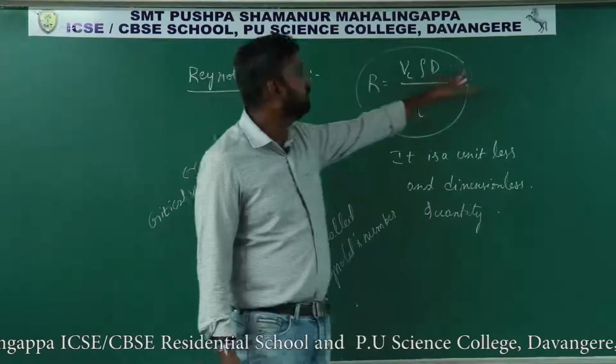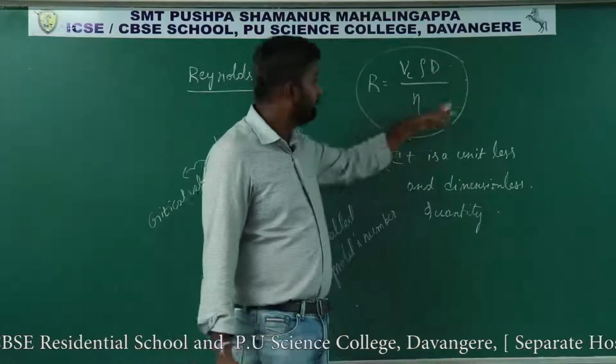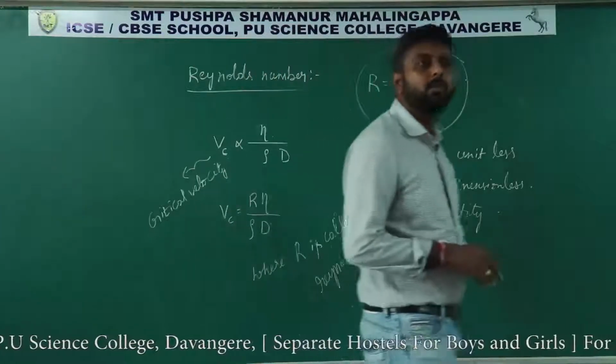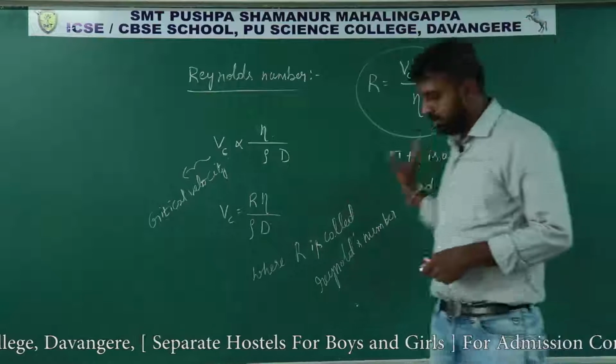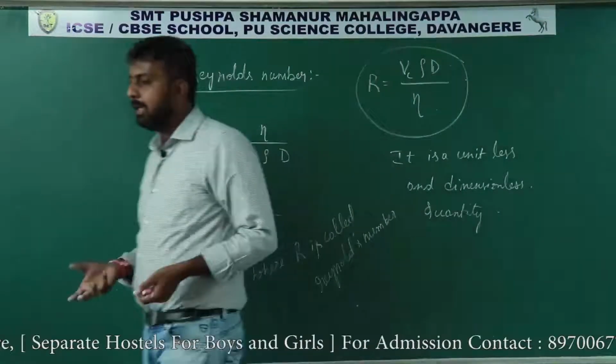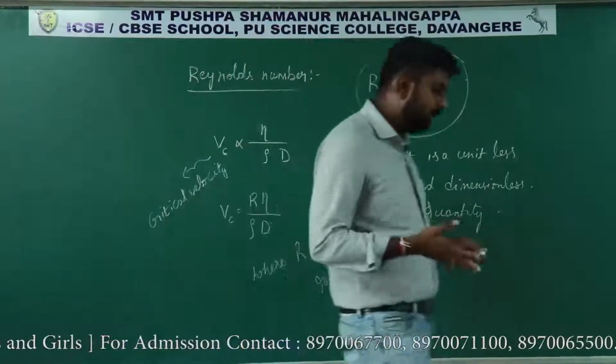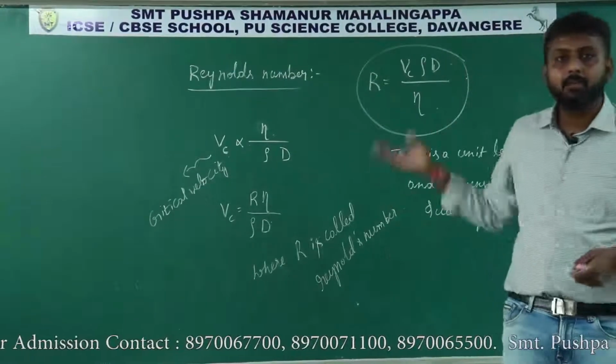Here also substitute all the units, then the units will get cancelled, hence it is a unitless and dimensionless quantity. Then how can we say the flow is streamline or turbulent by seeing the value of Reynolds number?